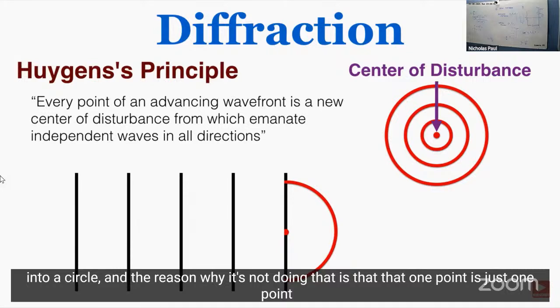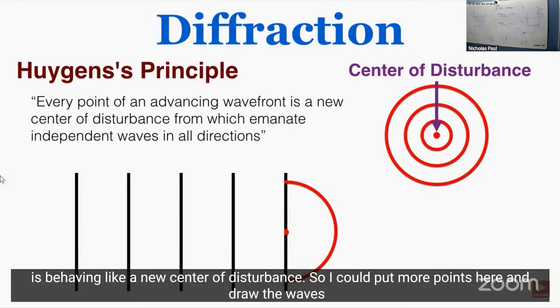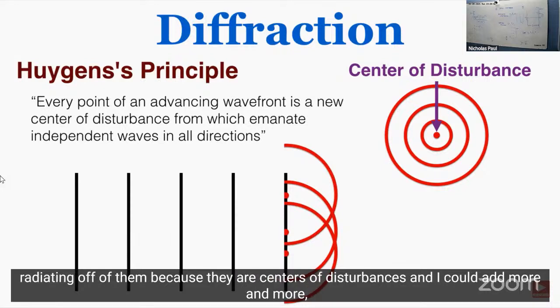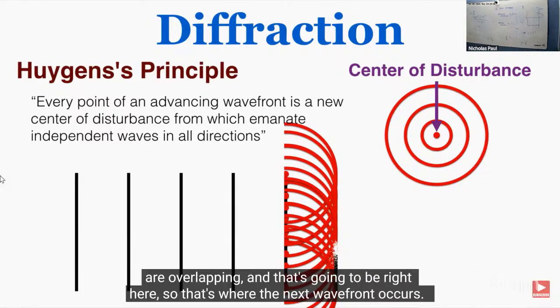And the reason why it's not doing that is that that one point is just one point on the wavefront. And what Huygens' principle is saying is that every single point along that line is behaving like a new center of disturbance. So I could put more points here and draw the waves radiating off of them because they are centers of disturbance, and I could add more and more. And you can start to see a pattern where there's one very specific spot where all of these waves are overlapping, and that's going to be right here.